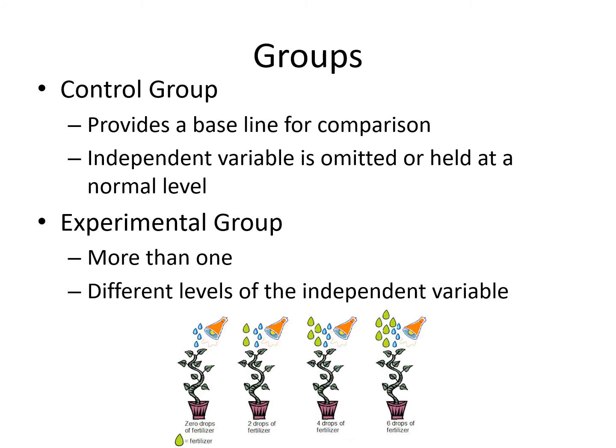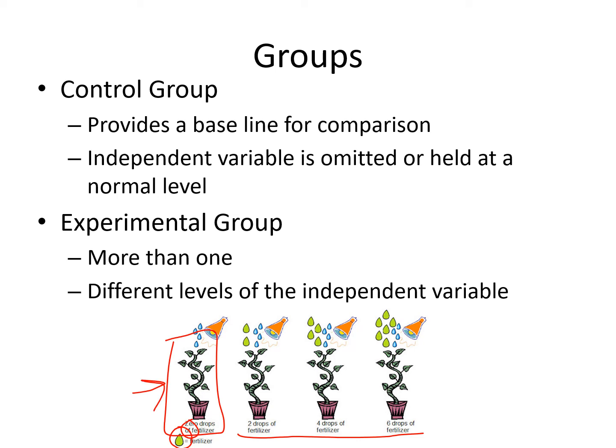And so for instance, in this image, you have different plants and you are testing how the fertilizer affects the plants. This would be a plant in your control group because it has 0 drops of fertilizer. Then you have 3 experimental groups. So this is your control group here.